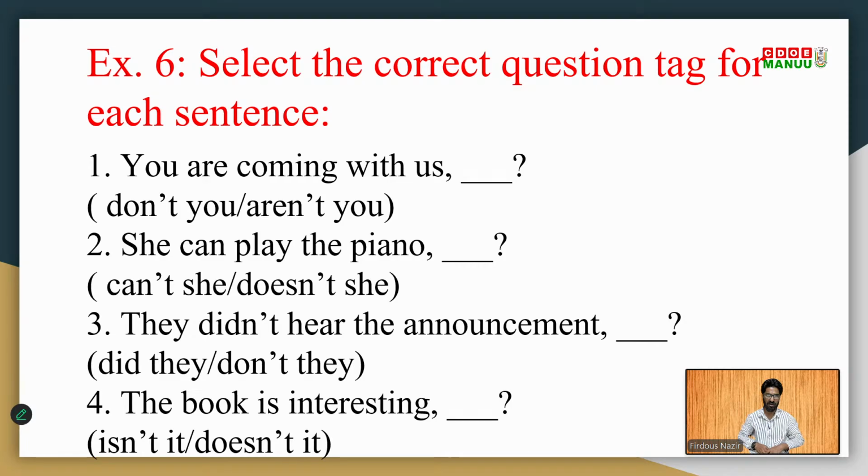They did not hear the announcement, did they? The book is interesting, isn't it? Correct? Repeat again. You are coming with us, aren't you? She can play the piano, can't she? They did not hear the announcement, did they? The book is interesting, isn't it?